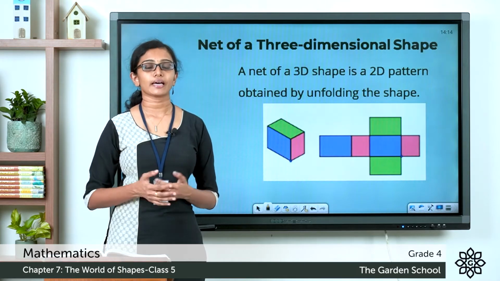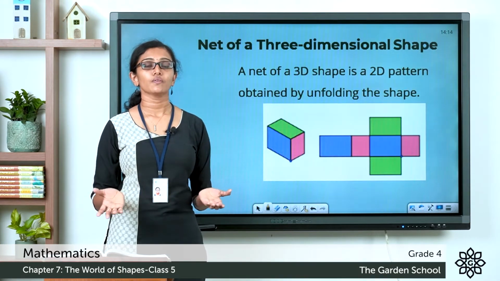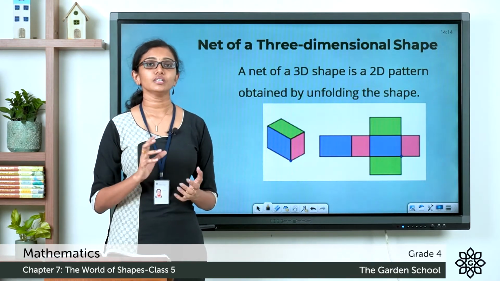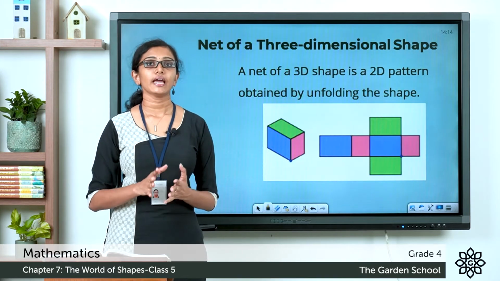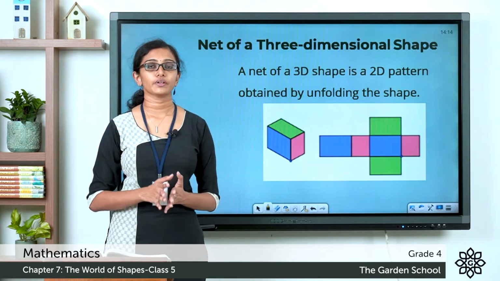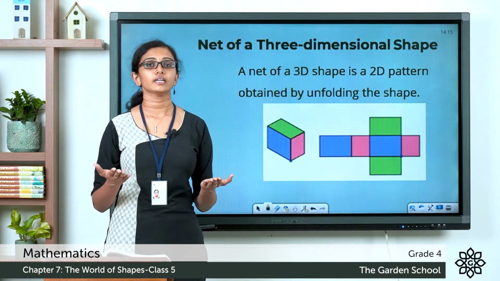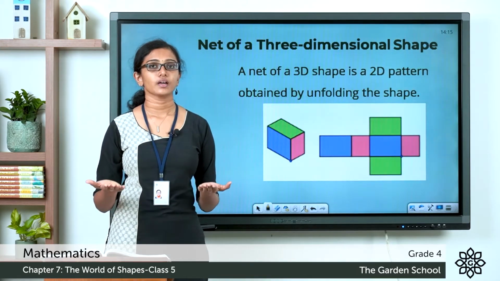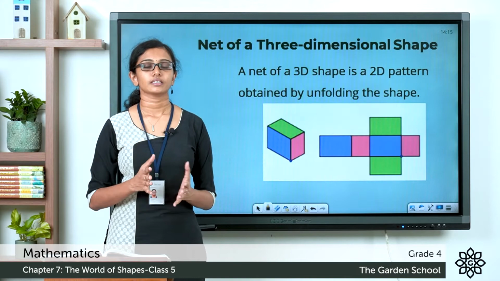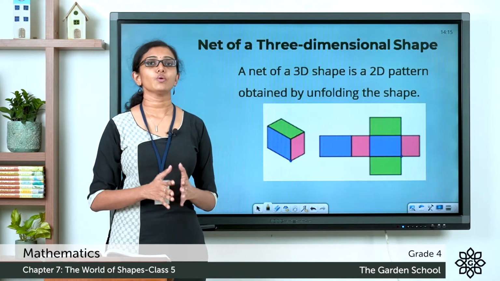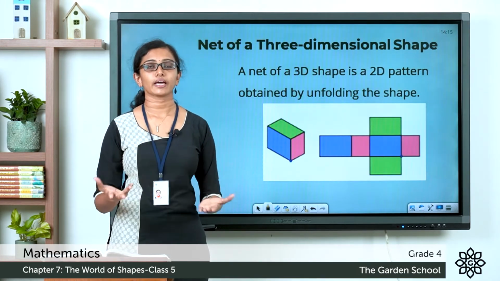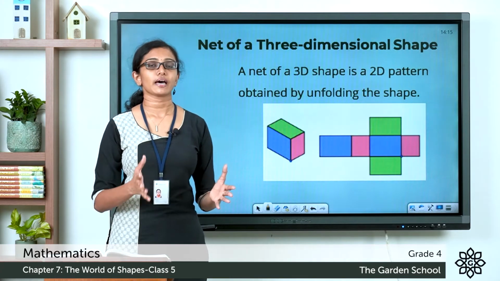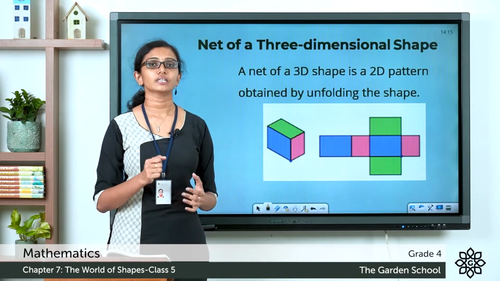And then you'll get a pattern which you can fold back together to get the full 3D shape. Initially, it was a 3D shape, and when you cut it or unfold it and lay it out flat, you'll get a 2D shape. This pattern that you get when you unfold a 3D shape and change it into a 2D shape is called a net of the 3D shape.